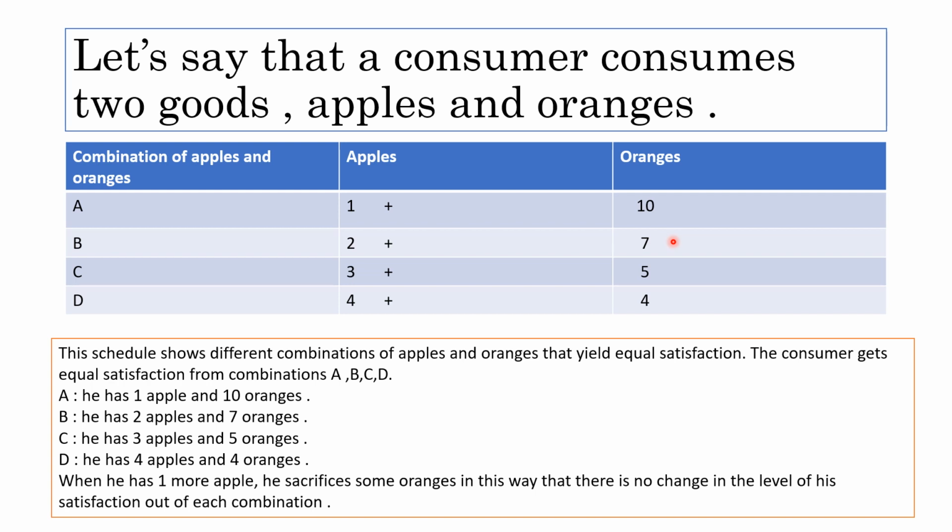And if the satisfaction is not the same, then it is not an indifference curve. So to be on the same indifference curve, because the criterion is that you have to be on the same satisfaction level, on the same utility level, therefore to increase 1 apple at every stage, you have to forego some items of the second commodity. Only then you will have the same satisfaction from all the combinations of A, B, C and D.